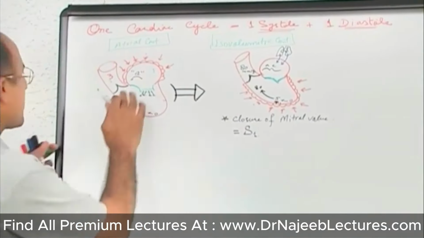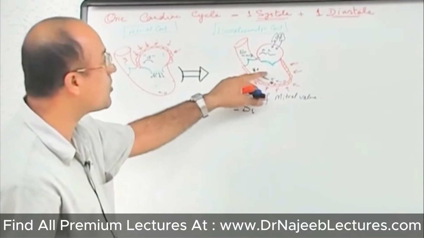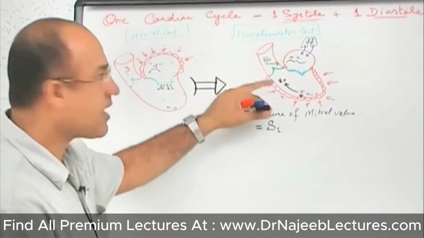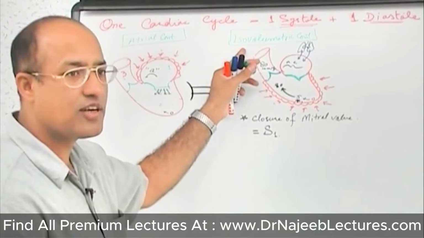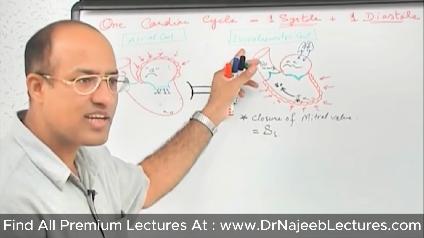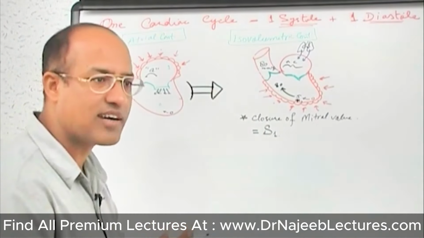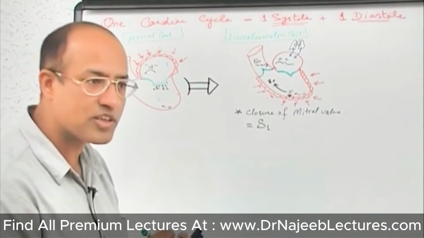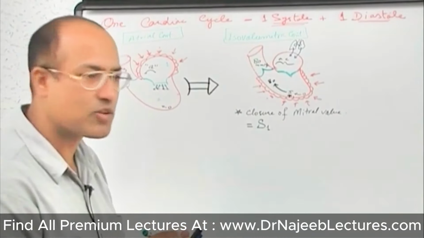As soon as the aortic valve opens, isovolumetric contraction terminates and the next phase starts, the phase of rapid ejection of blood, from the ventricular chamber to the aortic chamber. So let's draw that phase and look at what really happens during it.